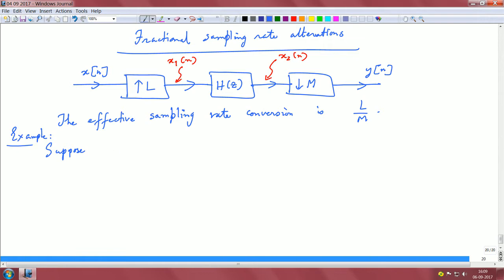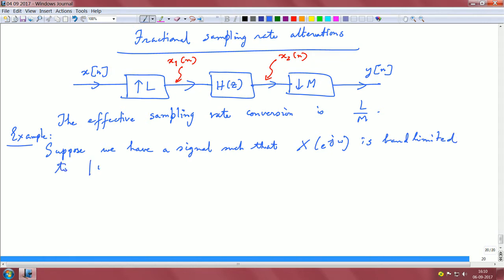Suppose we have a signal such that X of e^jω, this is the spectrum, is band limited to frequencies less than say 2π upon 3.